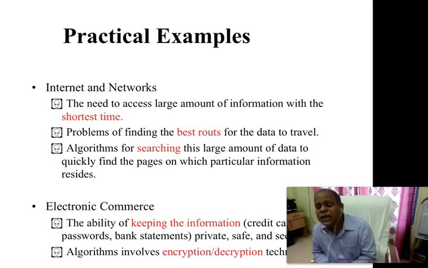Now, while they are storing these things, they must store them in such a way that another person cannot get them, because it is your personal information. Hence, the storage must be private, safe and secure, and for that they require some encryption and decryption method. How they will encrypt and store it is required.